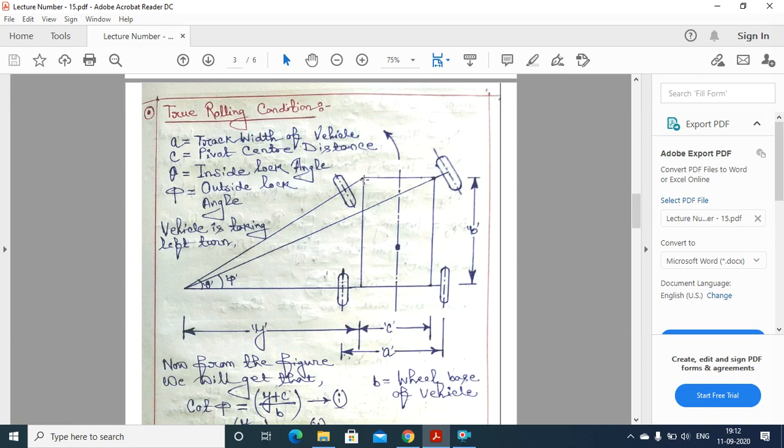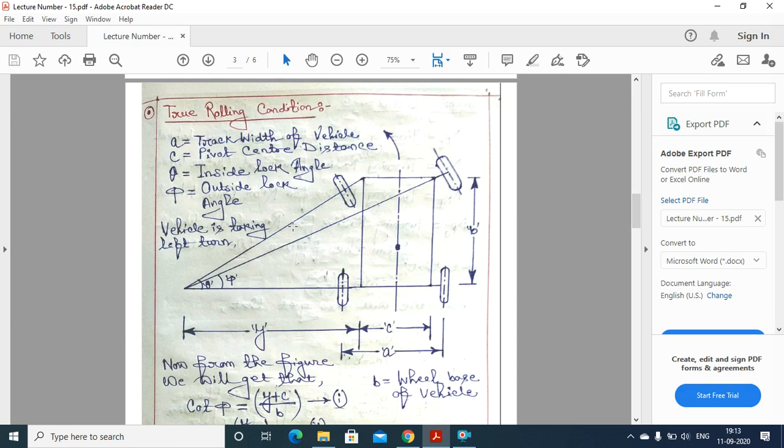If we consider the sine theta value, then the hypotenuse value will be x. This distance to the pivot center is the hypotenuse, and just consider this distance as x.